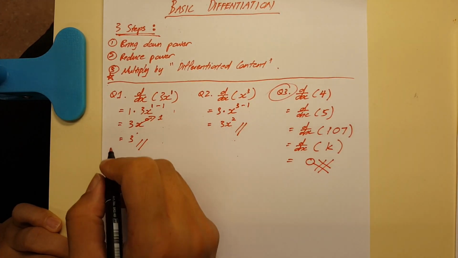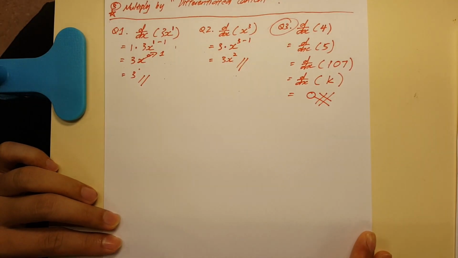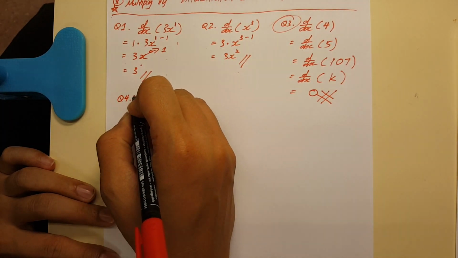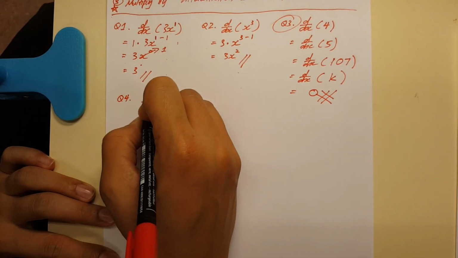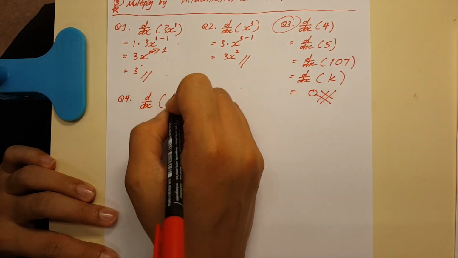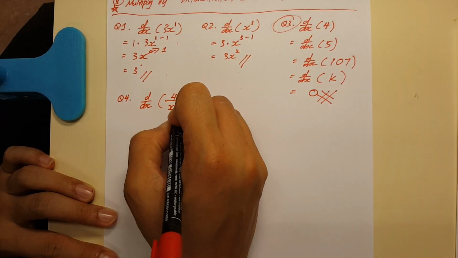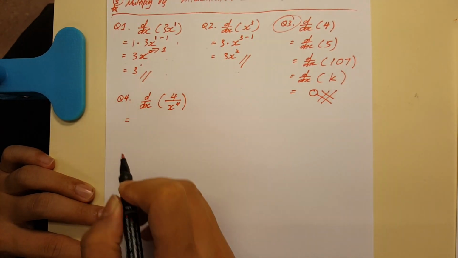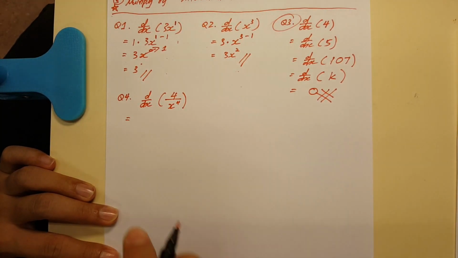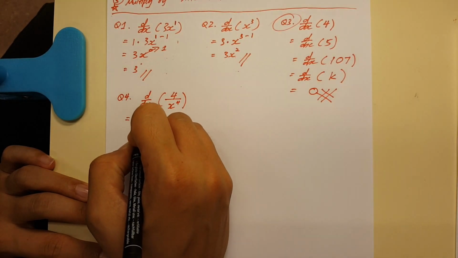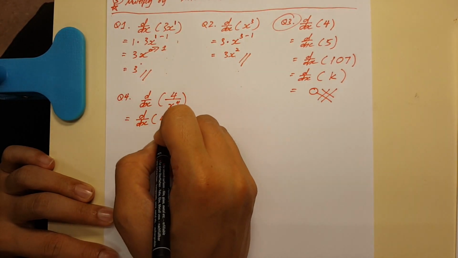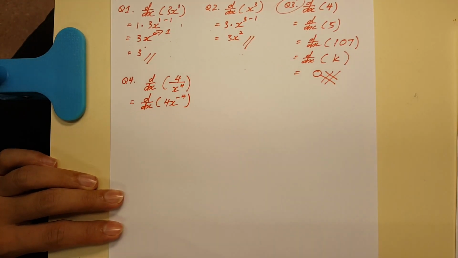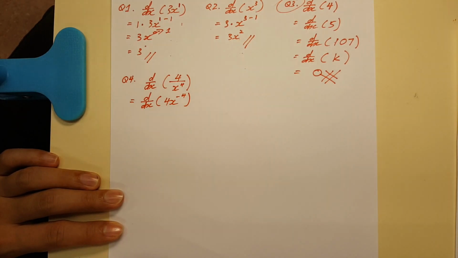So moving on to the next few questions. Differentiating 4 over x to the power of 4 with respect to x. So how am I going to do this differentiation? For me, I like to express this in this form. 4x to the power of minus 4. Okay, so right now I'm just going to apply the first 2 steps as usual.